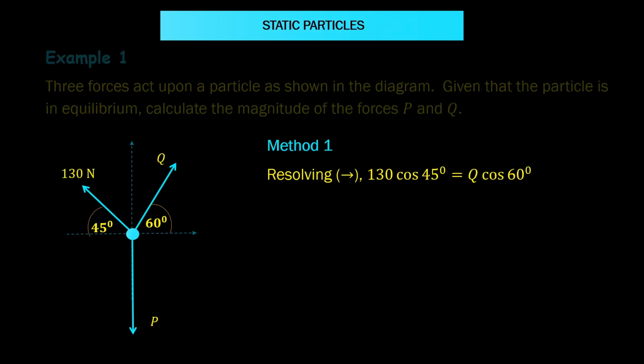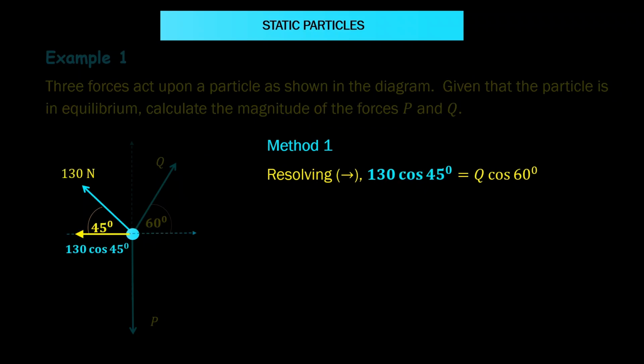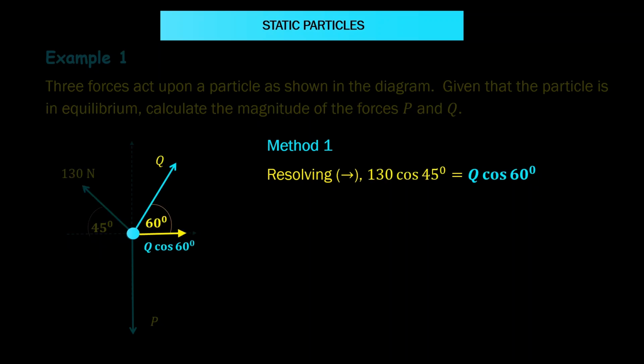We're going to resolve horizontally first. We have 130 cos 45 degrees equals Q cos 60 degrees.